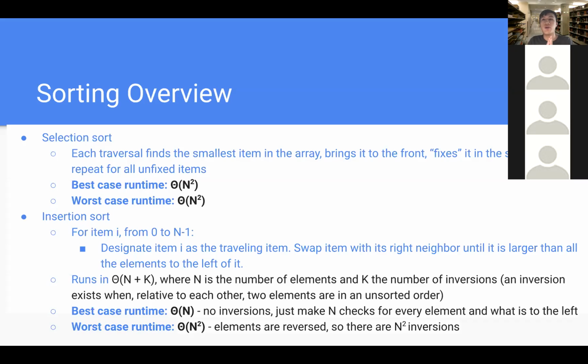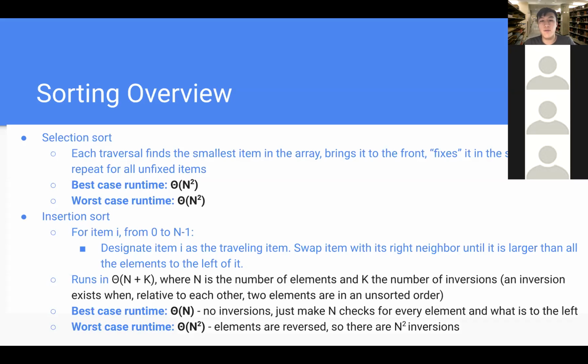Assume you have an array of only 2 elements where the first element is 2 and the second element is 3. If it is actually 3, 2 instead of 2, 3, then that is an example of an inversion. And the number of inversions determines how many swaps you're gonna make. That is why we're taking it into consideration in the runtime.